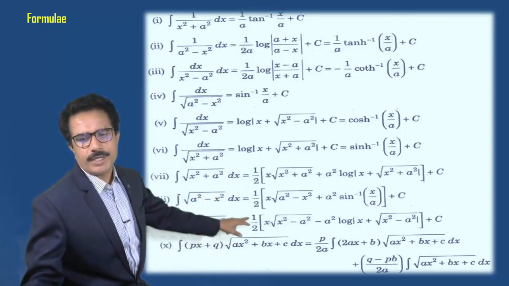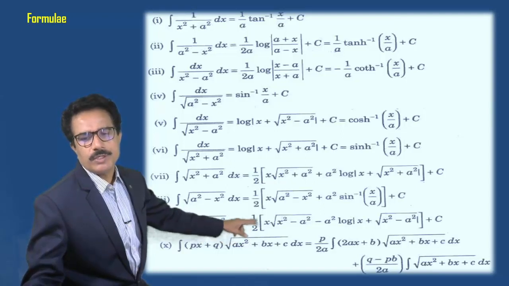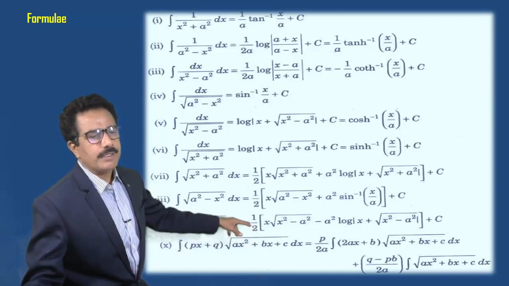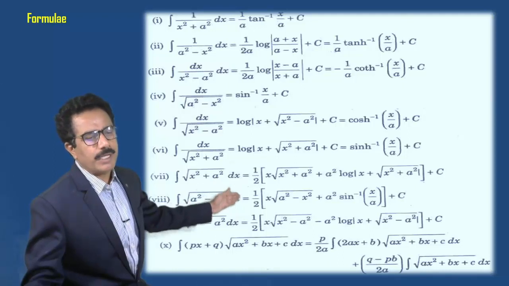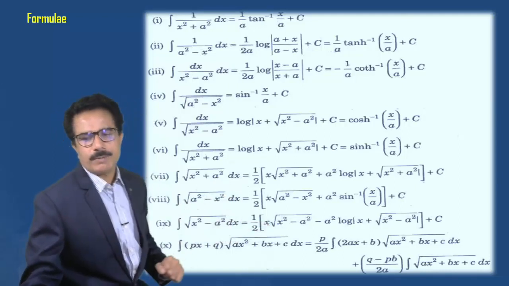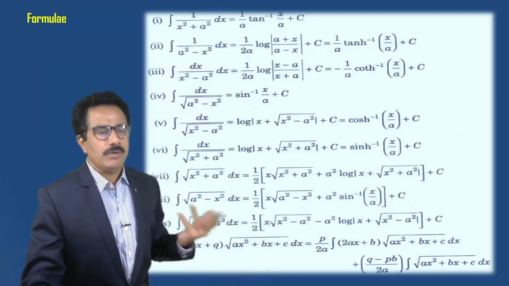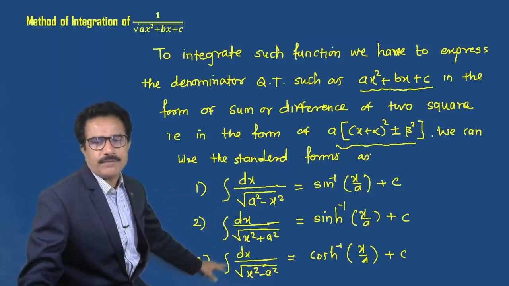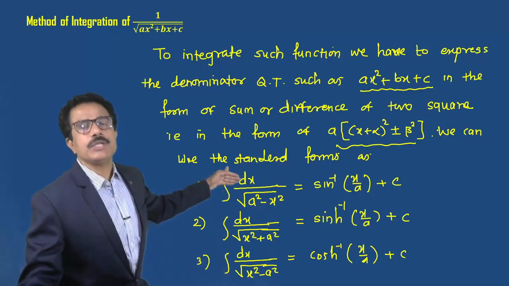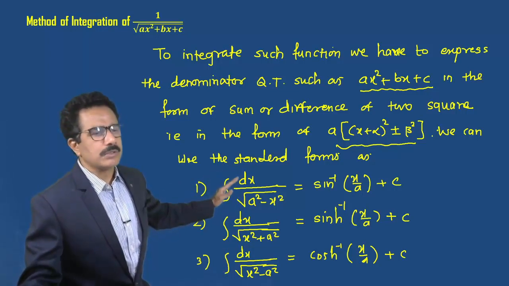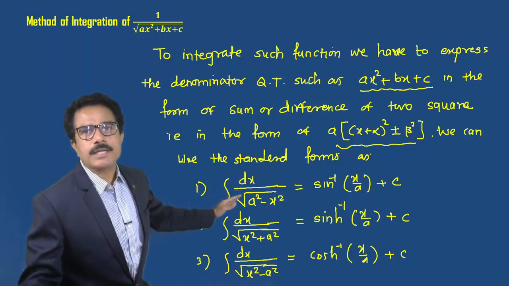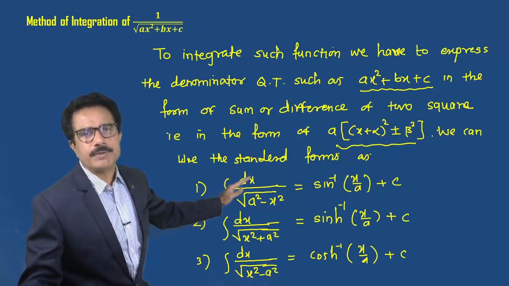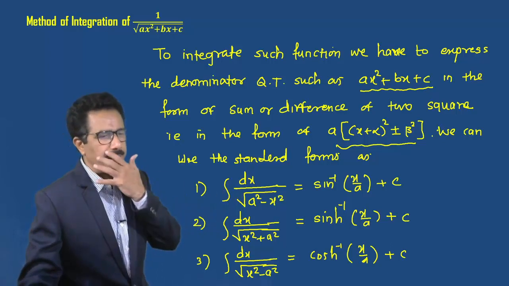What is the formula for x square minus a square? 1 by 2 into x root of x square minus a square by 2, log of x plus root x square minus a square. So these are the three standard forms which are used for 1 upon root of ax square plus bx plus c. We have to solve ax square plus bx plus c.